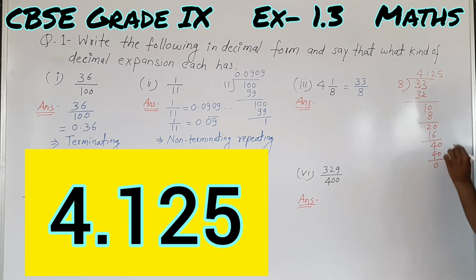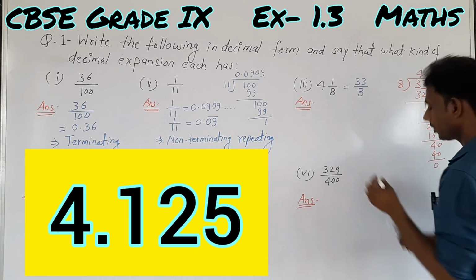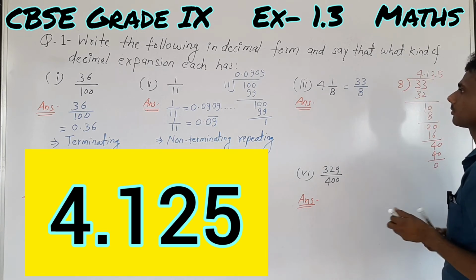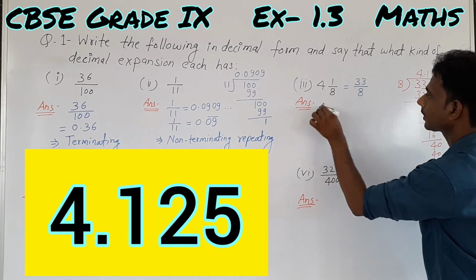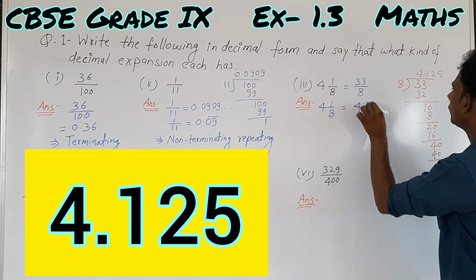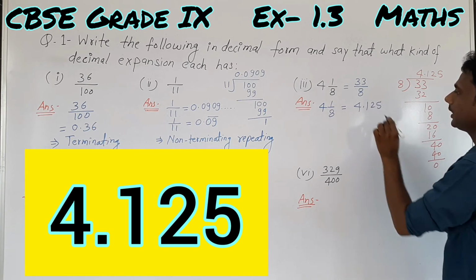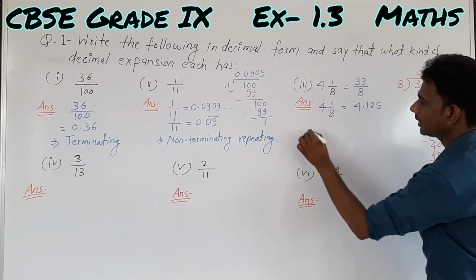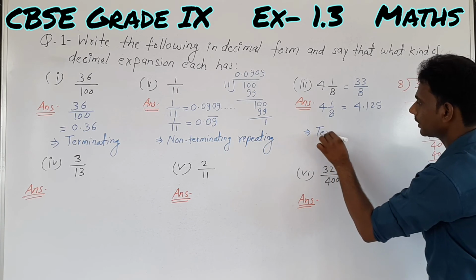The remainder is 0. After 3 digits, it will be terminating. So 4 whole 1 upon 8 equals 4.125. It is a terminating decimal expansion. So right here, terminating.